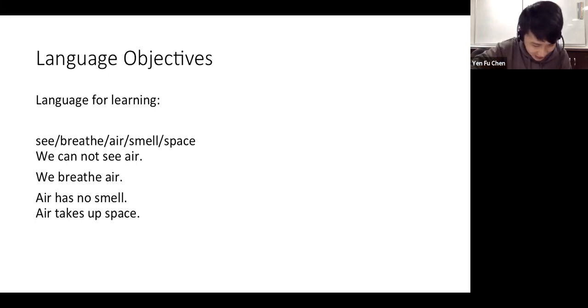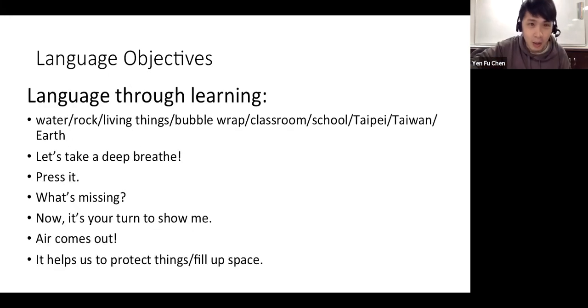So let's move on. For my language for learning, I just set up some words and sentences they might pick up during the lesson, but these are not my main language objectives. Maybe they will pick them up, or maybe not. Like "take a deep breath." I'm not sure they would know the word deep, but I will do it in the activity.